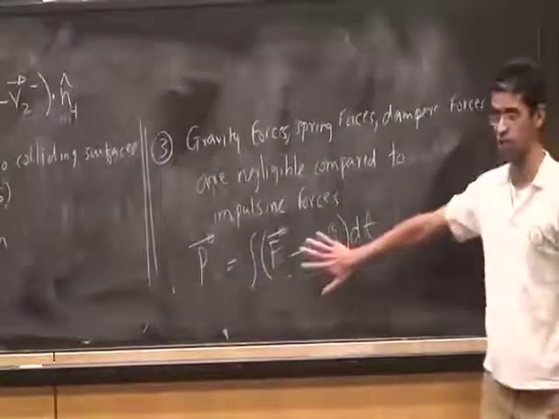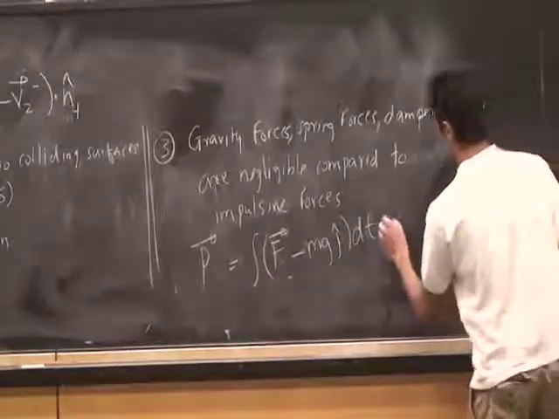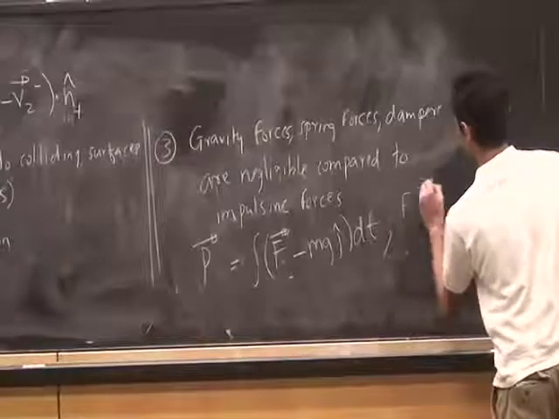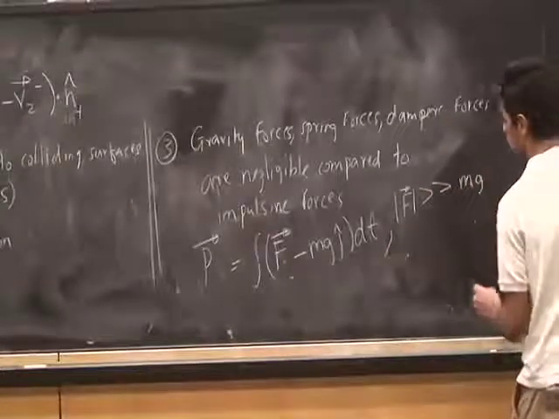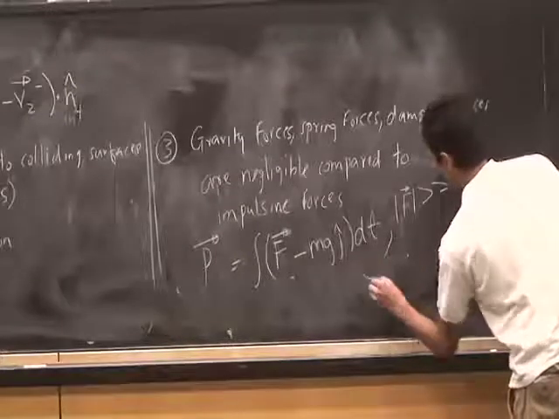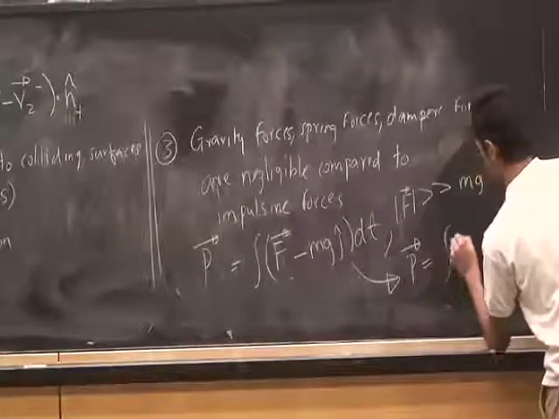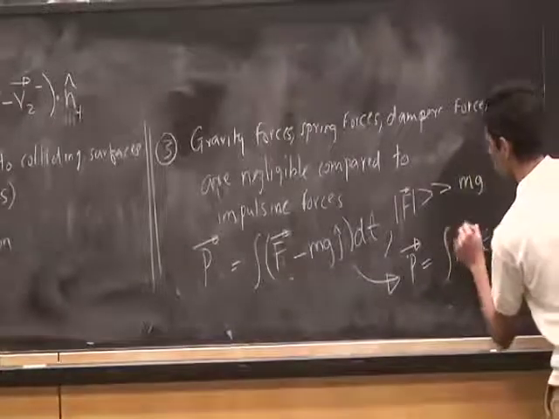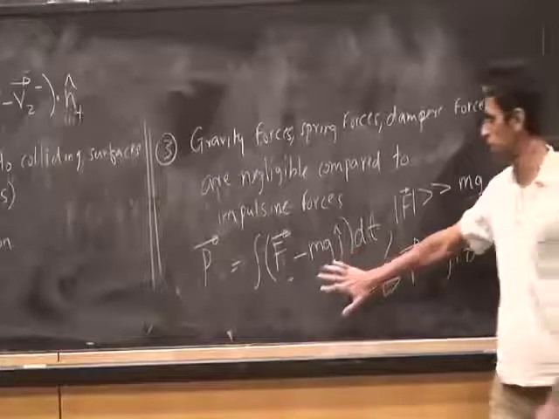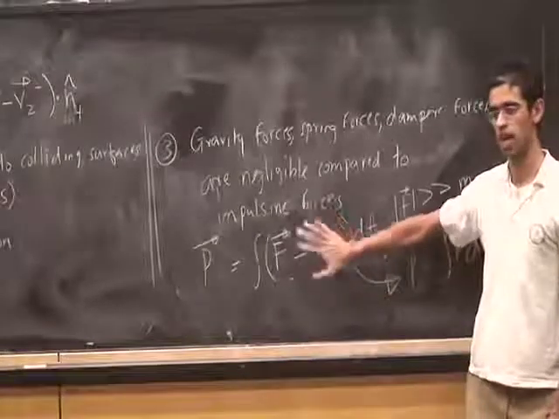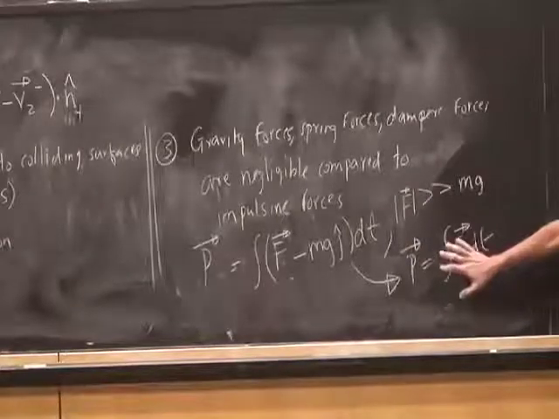It turns out that these forces are negligible compared to F. So F is much bigger than mg, and for all practical reasons you can write P equals integral of F dt. Okay? So mg, kx, cx-dot forces will not come in the final impulse equation.